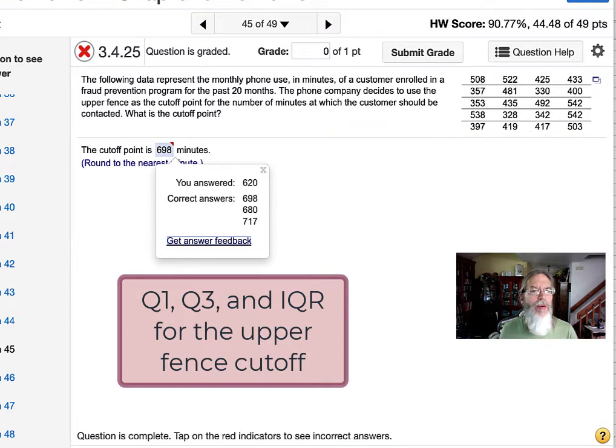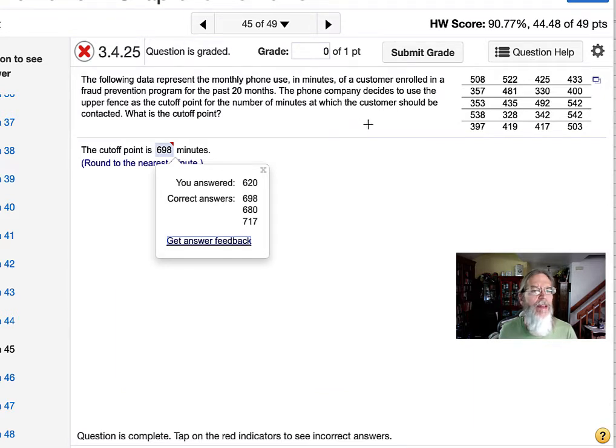This particular problem says the phone company is trying to figure out, for fraud protection, at what point the number of minutes is too high to be believed as normal. So we're looking for this upper limit, the upper fence, as a cutoff point. If the number of minutes is greater than that, we're going to say that's unusual, unexpected, so we think it's potentially fraud.